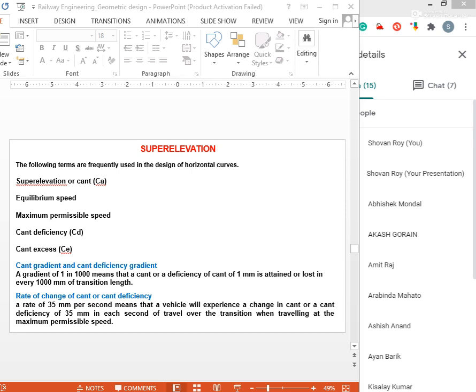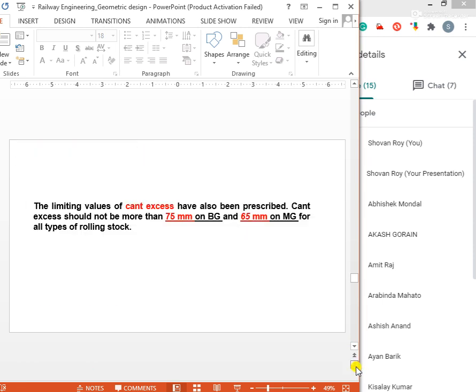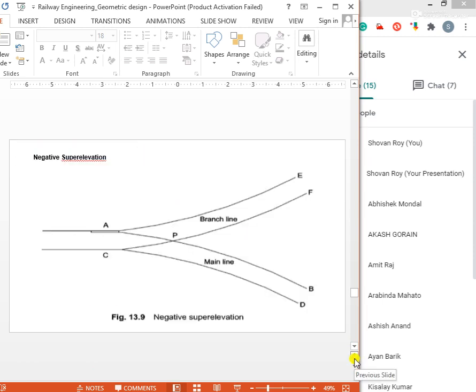Before that, we have a new thing in railway engineering, that is negative super elevation. Negative super elevation is used only for railways. We know what super elevation is, but negative super elevation is only possible on a railway track.